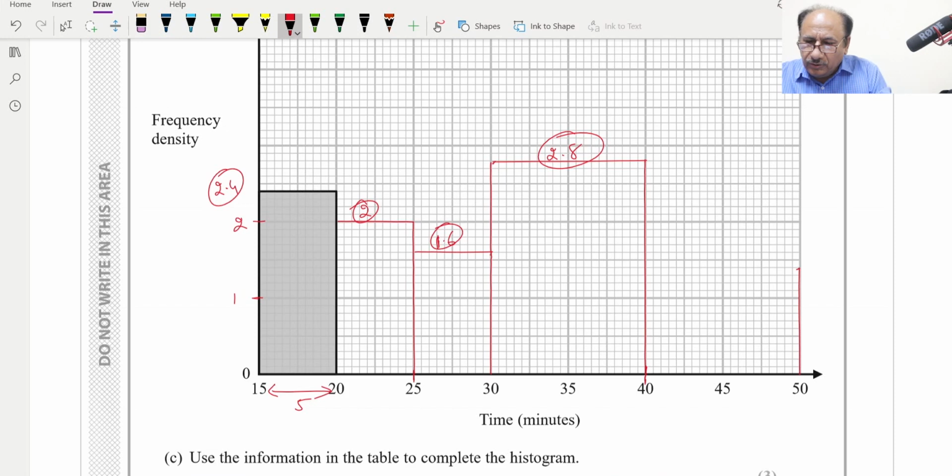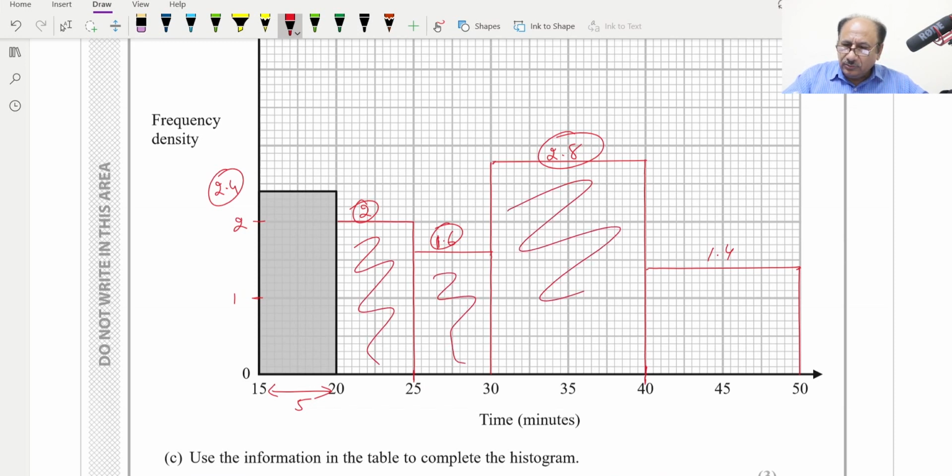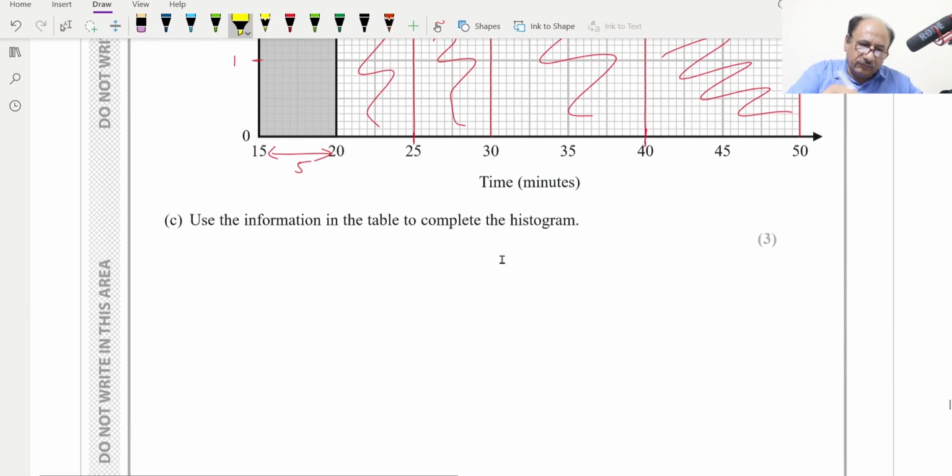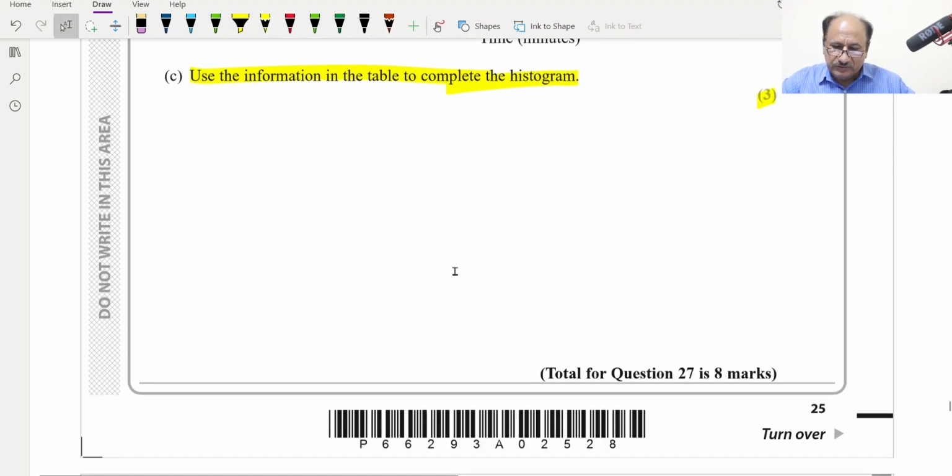Hopefully you are understanding each and everything, and this height will be 1.4. So we can separately show the columns also like this one, so there will be 4 columns. So we have used the information and completed the histogram, which is 3 marks, a very easy question which we have done.